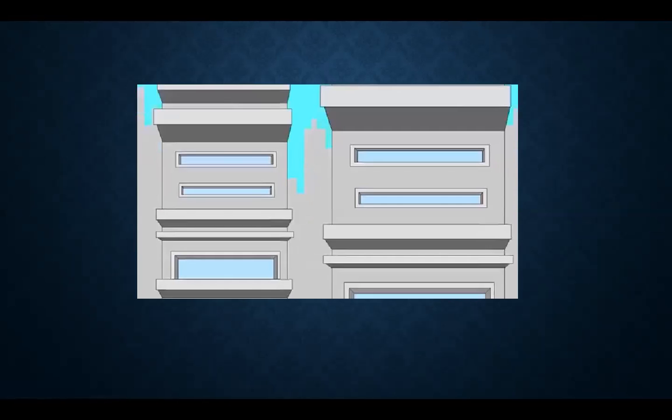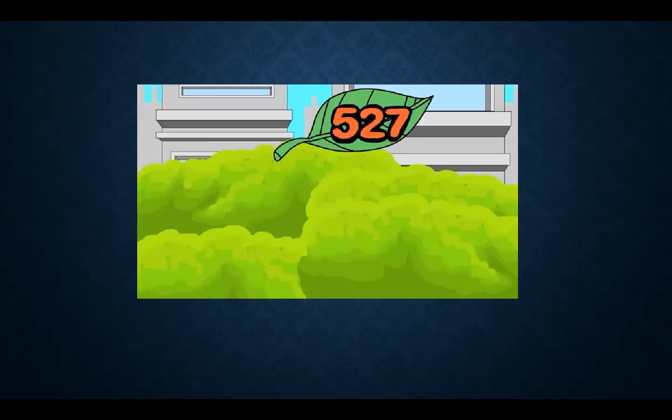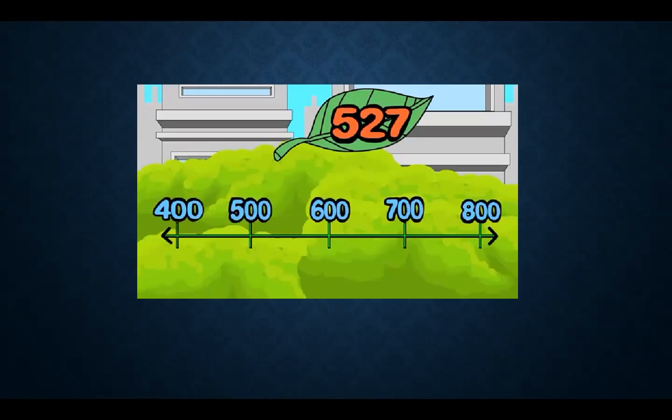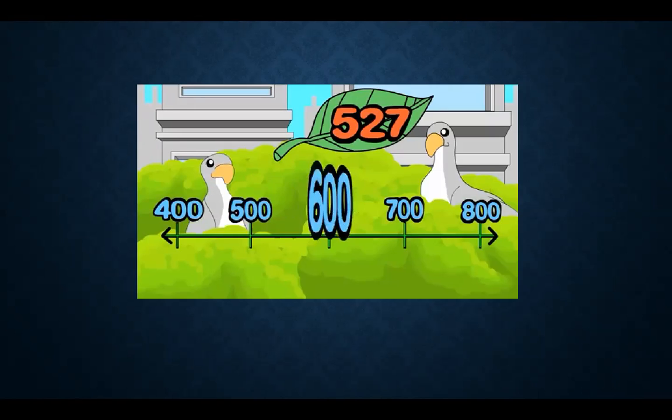You can round any number to the nearest hundred in 4 easy steps. Let's see how. Let's round 527 to the nearest hundred. Step 1. Figure out what benchmarks to use. To the nearest 100 tells you to choose the 100 before 527 and the 100 after 527. 500 is the lower benchmark and 600 is the higher benchmark.